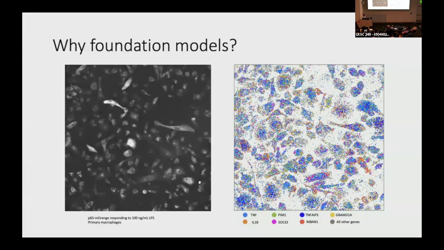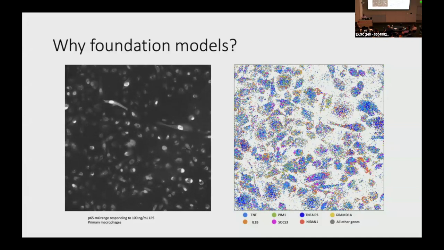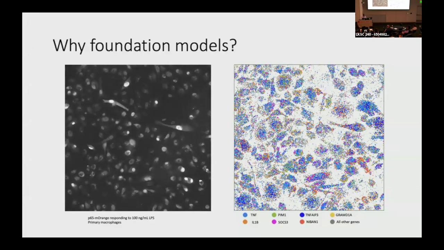And you can do this in a way where it's paired, right? For the same cell you can capture both axes of information, and this is stuff that we're doing now. You can also add in a cell painting type assay on top of this, so that you get information about cellular morphology and organization.